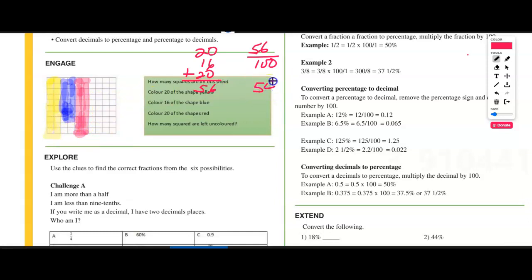So 56 and 44 should give us 100. 1, 2, 3, 4, 44. 6 and 4 would give us 10, carry 1, and 5 and 1, 6, 6 and 4, 10. Okay, so that looks good.